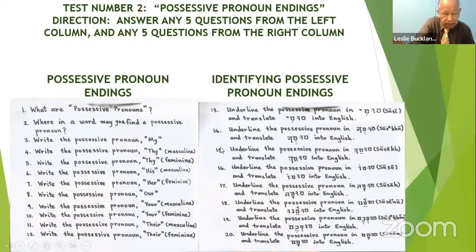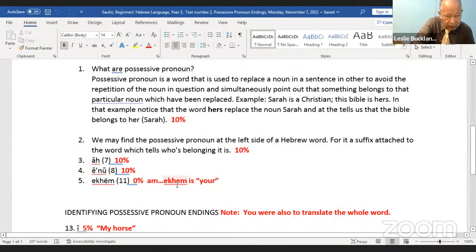Am is there. Okay, let's just go back to Brother Solins. Okay, so it should have been ekem, which is the answer you put down, is your, but there is kames mem.